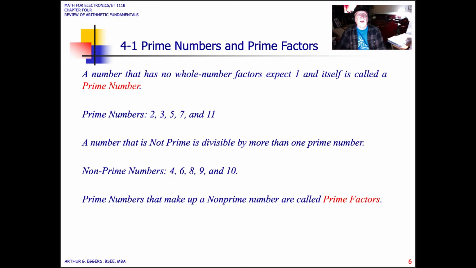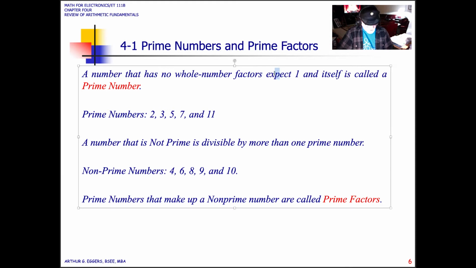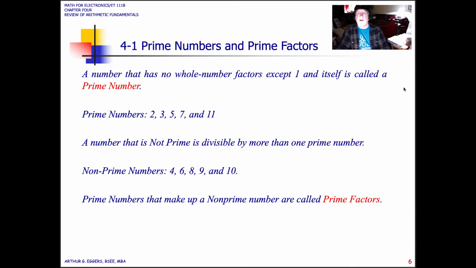A number that has no whole number factors except one and itself is called a prime number. So prime numbers, you probably went through the drill when you were in middle school or in the 8th grade of factoring and doing prime numbers.